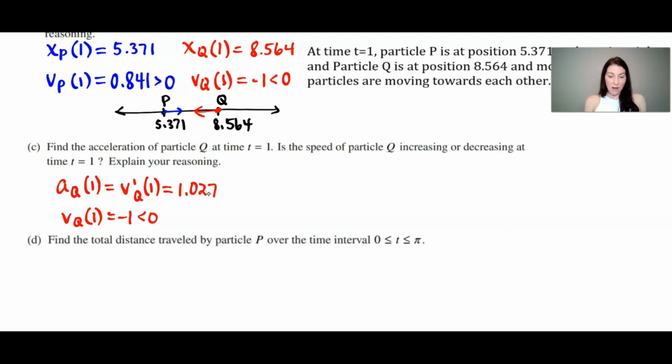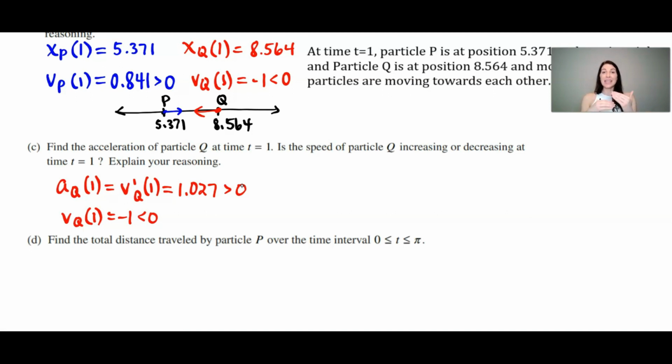Then in part C, we found the acceleration to be 1.027, which is greater than 0. If velocity and acceleration have opposite signs, I think of that as them working against each other, and therefore the speed of particle Q would be decreasing. So whenever the signs of velocity and acceleration are opposite, the speed is decreasing.